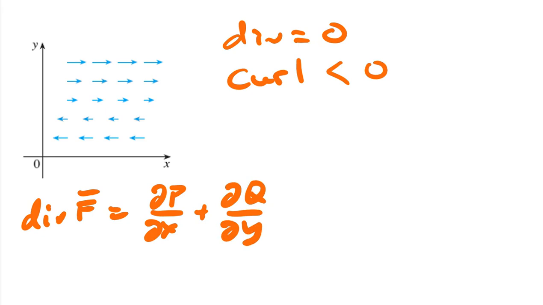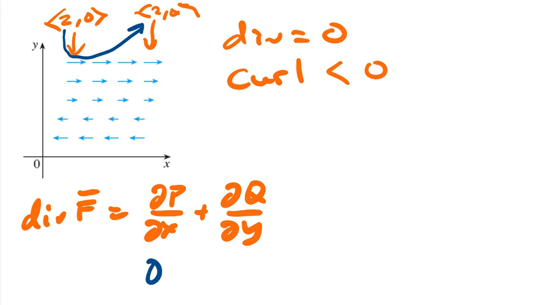So what's going on with the x coordinates of the vectors as we go in the x direction? Well, the x coordinates aren't changing at all. For example, let's look at the top ones. If this vector here is, let's say, 2, 0, then this vector here looks exactly the same. It's 2, 0. So the x coordinates aren't changing at all. So this part here is 0.